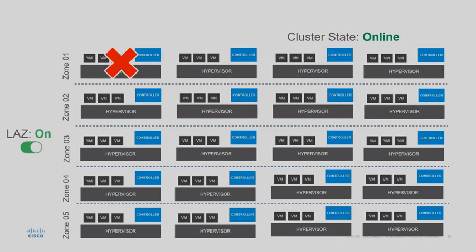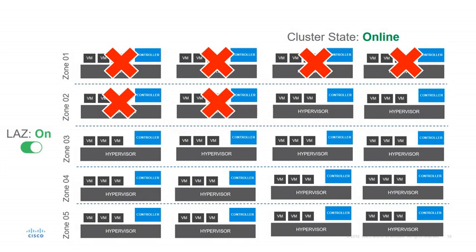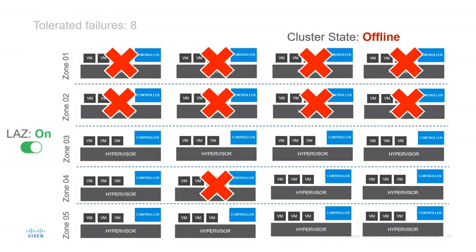Now with the replication factor 3, the information is stored on the HyperFlex data platform in such a way that any amount of servers can fail, as long as they are all from no more than 2 zones, and the system remains operational. Once you lose an additional server in the 3rd zone, the system will go down. The LAZ is also a solution which does not use up more space on the storage and just rearranges the data differently, improving your resilience of bigger deployments even further.